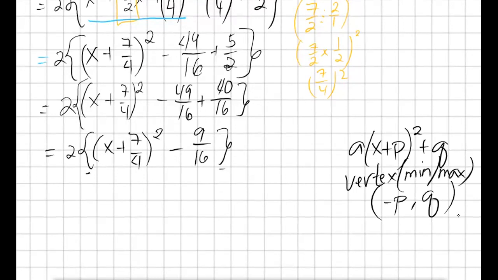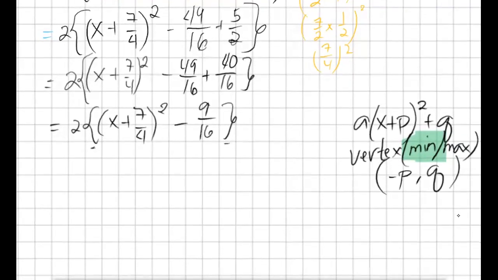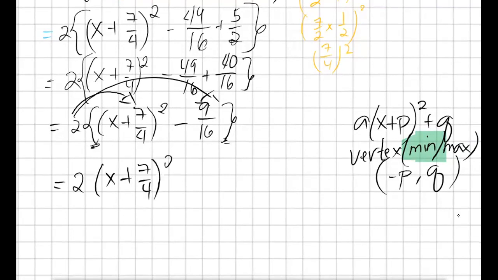So in this case, because it opens upward, we will get the minimum. Okay, now let's take this out, the brace. So multiplying 2 to both terms. Okay, so 2 times x plus 7 over 4 squared.